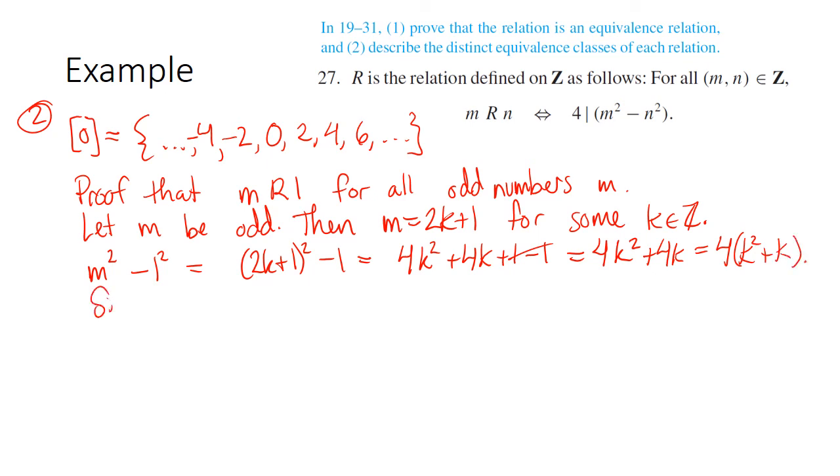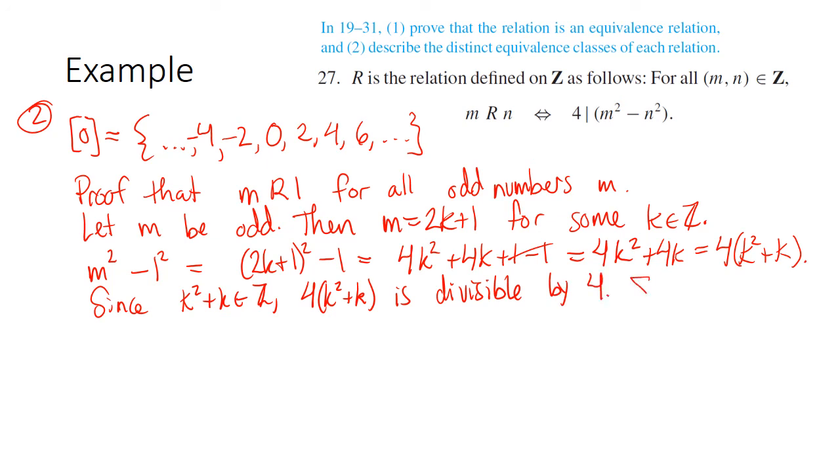So I'll just say that since k squared plus k is an integer, 4 times (k squared plus k) is divisible by 4. Okay, so this means that m is related to 1 whenever m is odd.